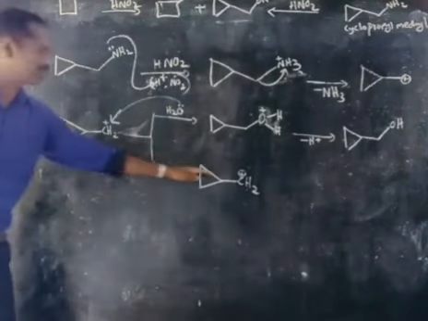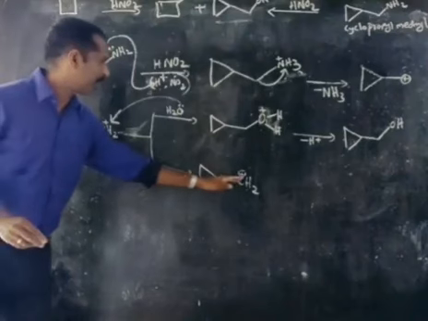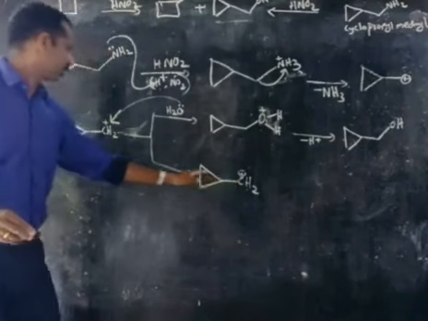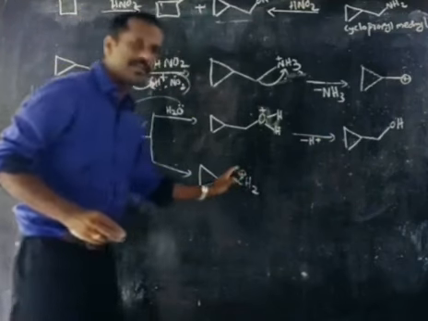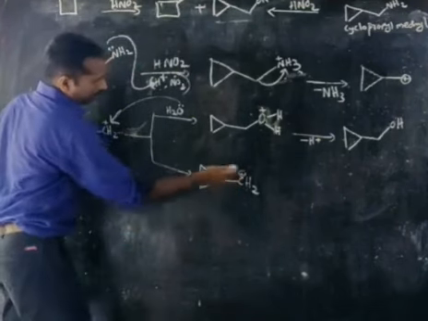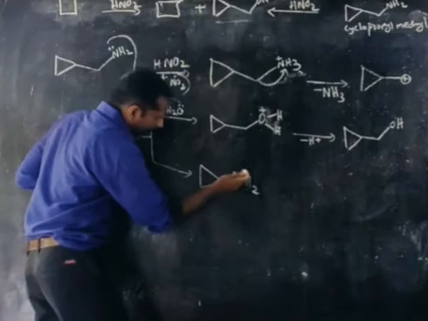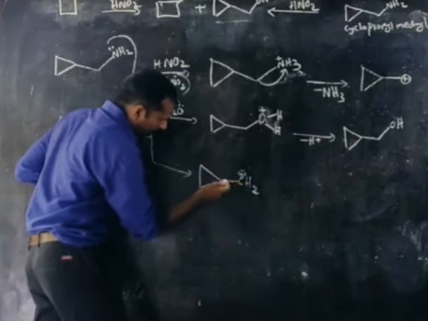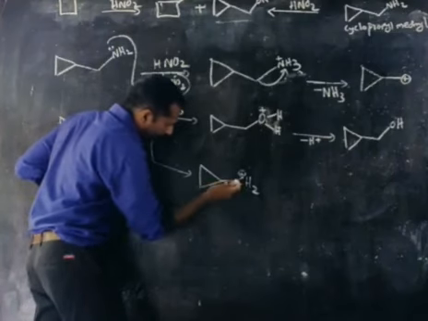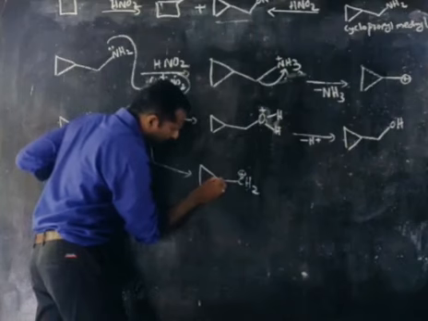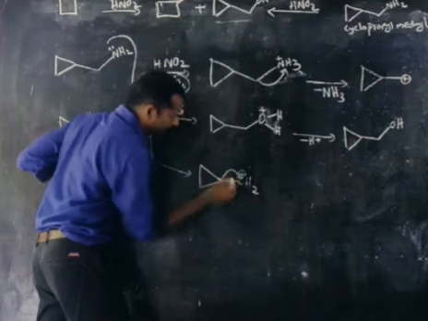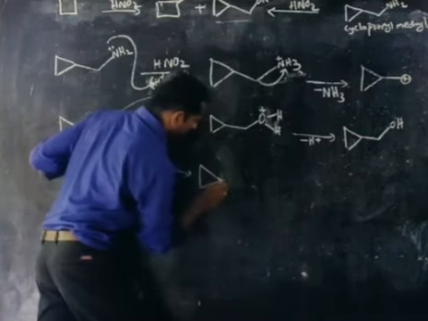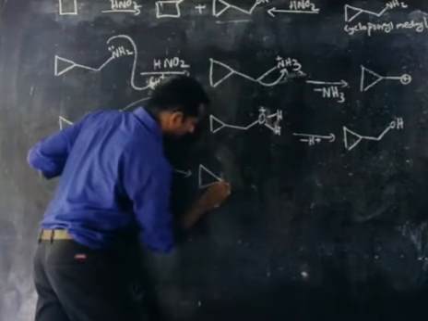Again I am writing the same thing, this cyclopropyl carbinyl cation. Now what is happening? If a positive charge is created on this carbon, alpha to this ring, you can see that this bond breaks from here and will join with this one. Or I can write it clearly like this.